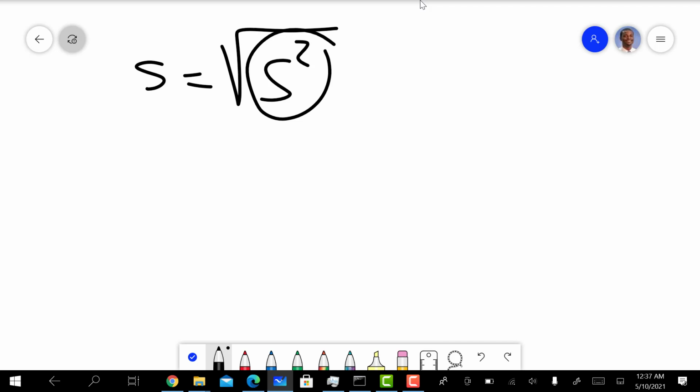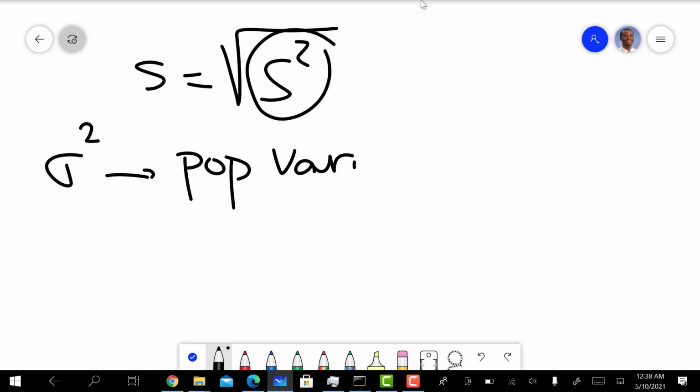Now, we keep talking about sample, but when it comes to population variance, you will see this sign, sigma squared. This quantity, this variance, is called the population variance, and s squared is called the sample variance.